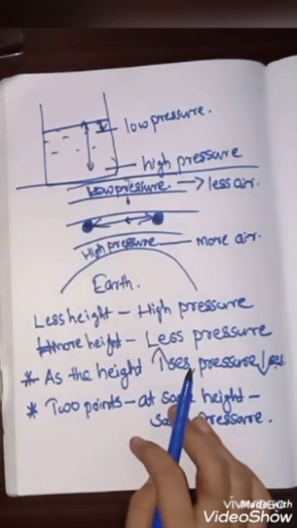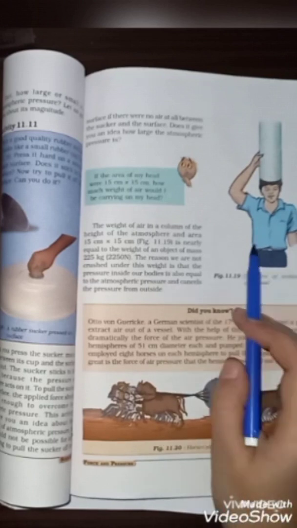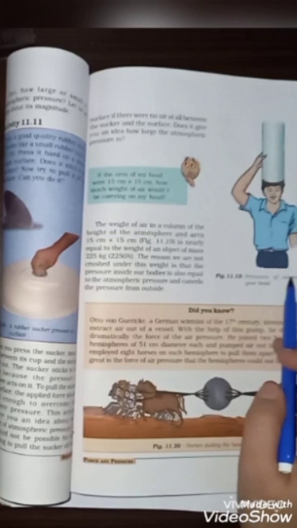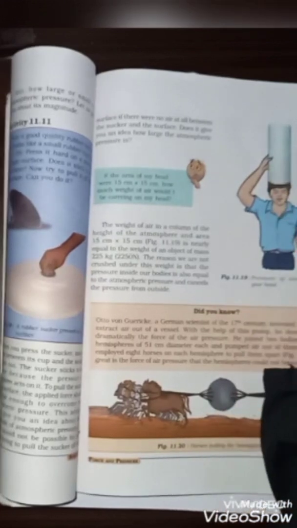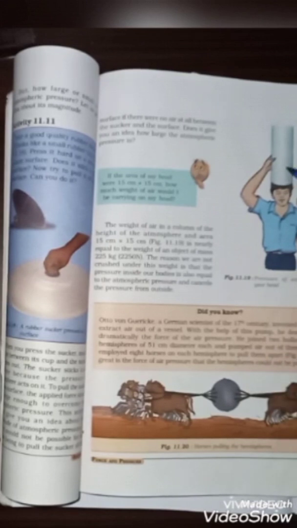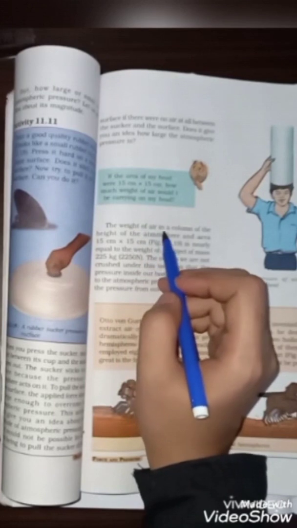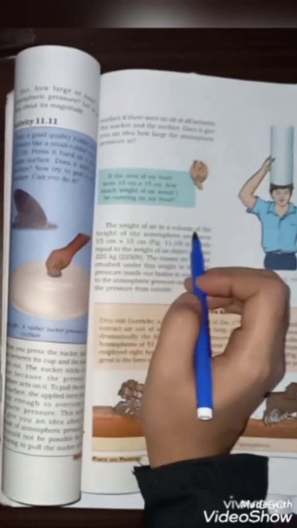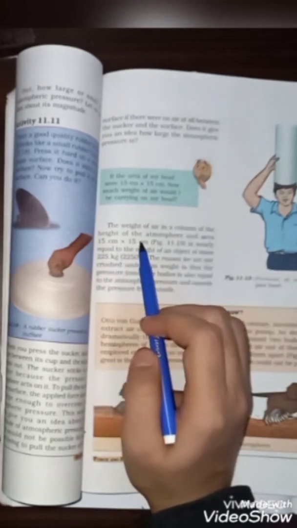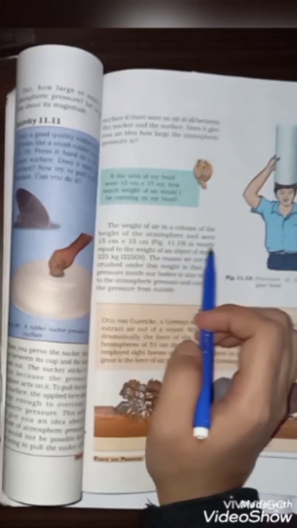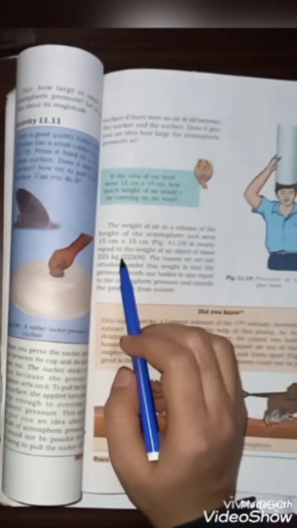Okay, then here you can see a picture in your textbook, that is pressure of atmosphere on your head. Here we calculated how much pressure is exerted on the head of this boy. That is, the weight of air in a column of height of the atmosphere and area 15 centimeter into 15 centimeter is nearly equal to the weight of an object of mass 225 kilogram.